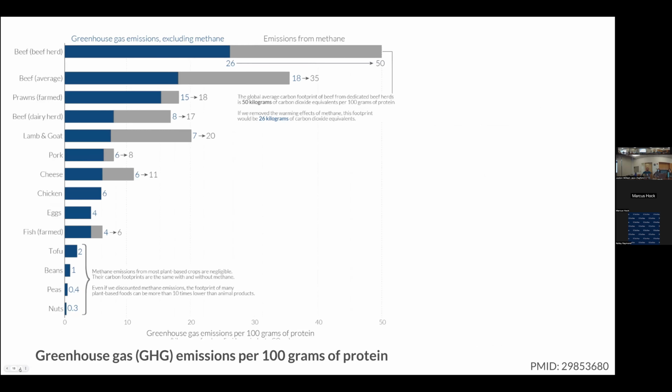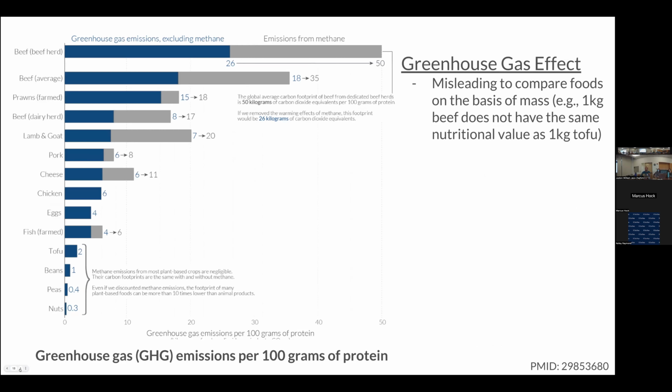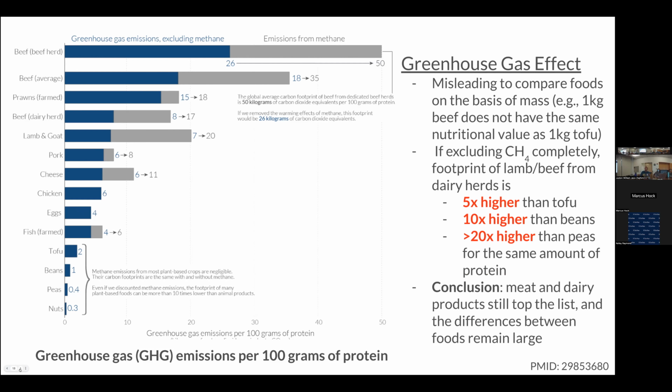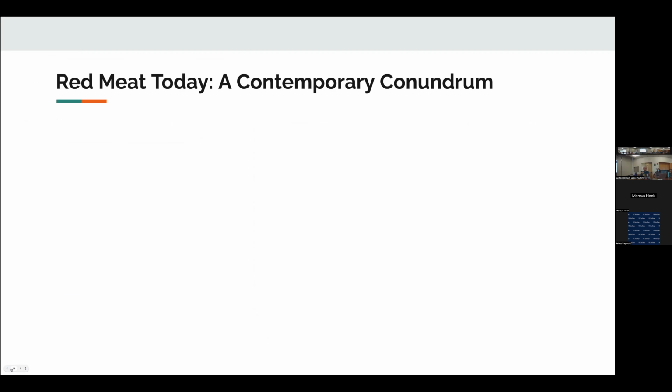But if you stratify it and look just at protein sources, you begin to see that it's a little bit clearer here that the impact for the climate is always going to be highest for mammalian sources. So for example, even excluding all methane completely from lamb and beef, you're still going to see a higher greenhouse effect, 5 times higher compared to tofu, 10 times higher for beans, 20 times higher for peas.